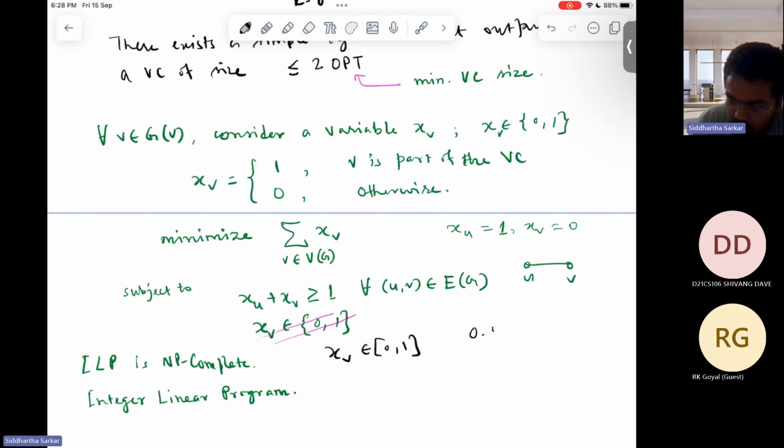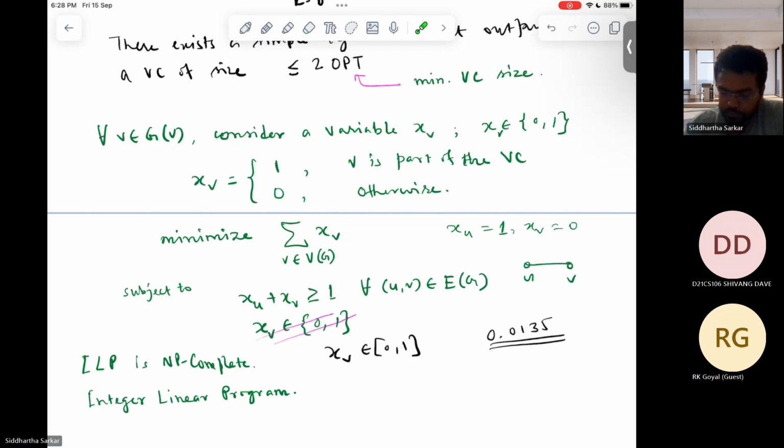So that means xv is allowed to take a fractional value between 0 and 1. If you allow this, then there are algorithms that can solve this linear program in order n cube time, where n is the number of variables. It is possible to solve exactly this linear program such that this objective function is minimized.